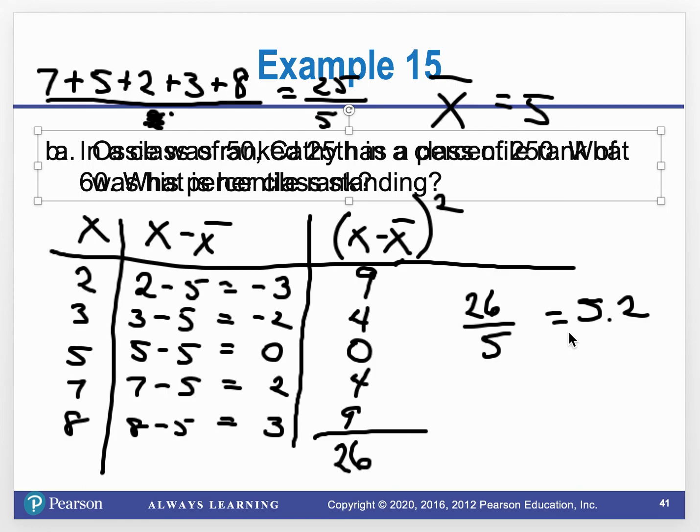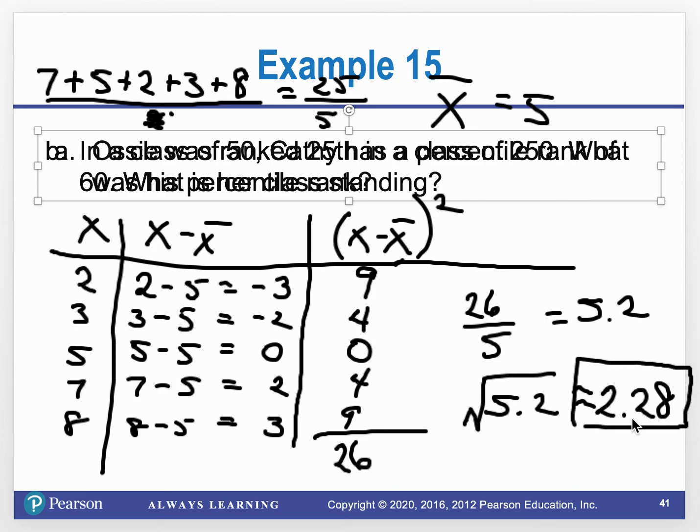Now, if I want the standard deviation, I'm going to undo this squaring that we did by taking the square root of 5.2. I'm going to round to 2 decimal places. Of course, it's non-ending. So 2.28 is my approximate standard deviation for this data set.